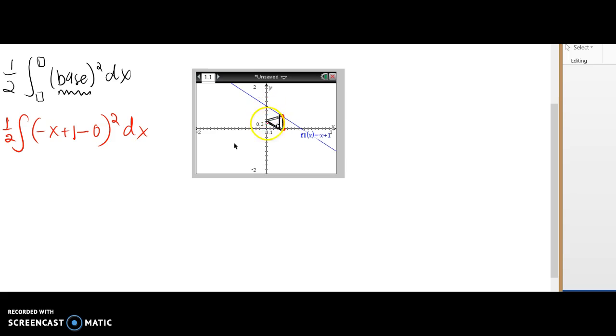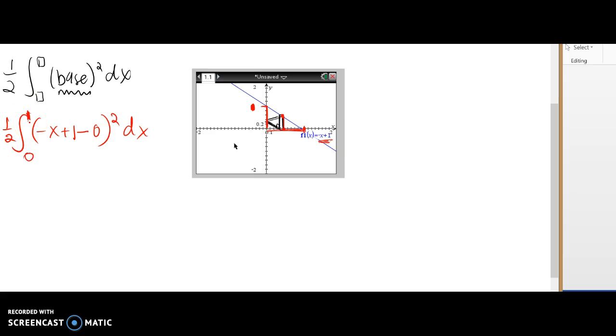I would definitely urge you to think critically about this for a second. The starting x-bound is 0, and for the final x-bound, keep in mind the curve is negative x plus 1, so this y-intercept is at 1, and my line is going down 1, forward 1, so this is also at 1. And there are the bounds on my equation.